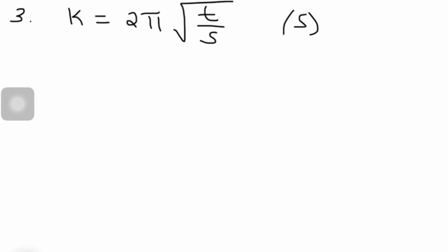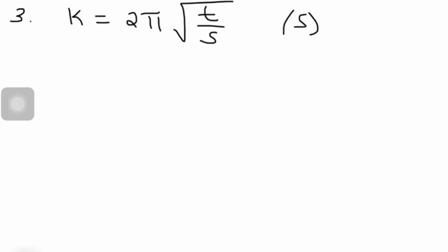Example number 3, we have k is equal to 2 pi and then the square root of t all over s, and we are supposed to make s the subject of the formula. So let's first identify where s is.